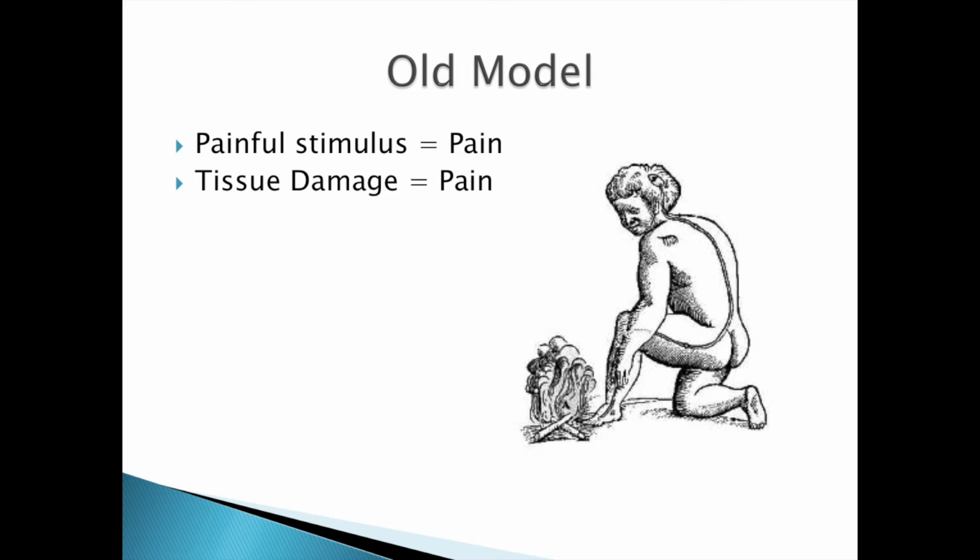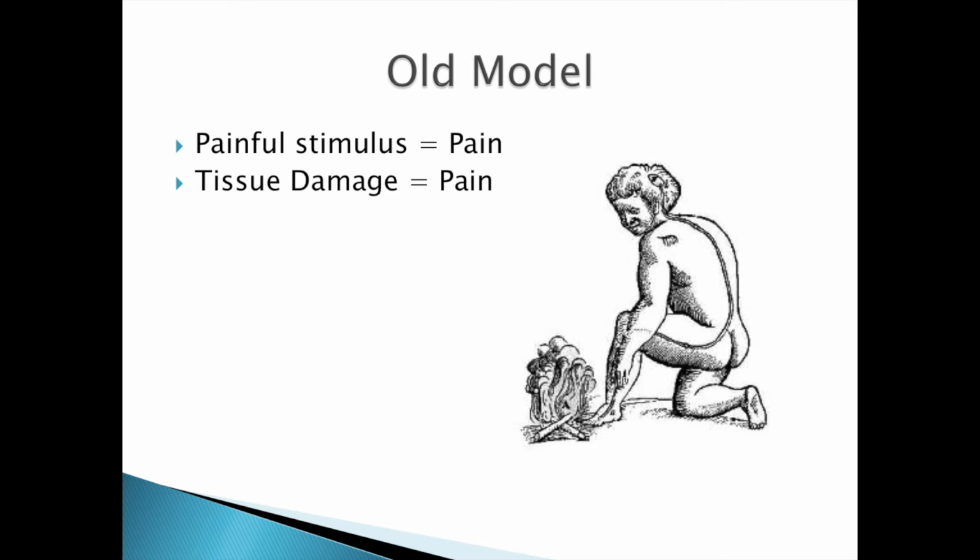We've been doing a lot of work around this and trying to explain why that's not true, because we know now that painful stimulus and tissue damage actually have no direct relationship with pain, and the physical pain that we feel as a human has a lot more complex background than just a painful stimulus or just the tissue damage. There's lots more involved, and we'll go through that in a couple of slides' time.